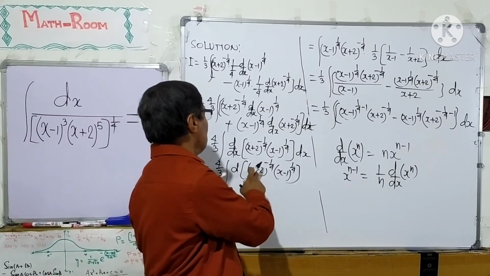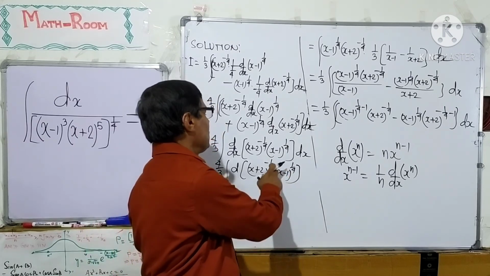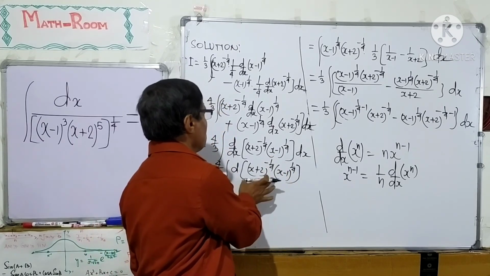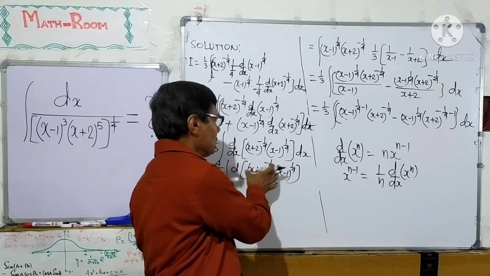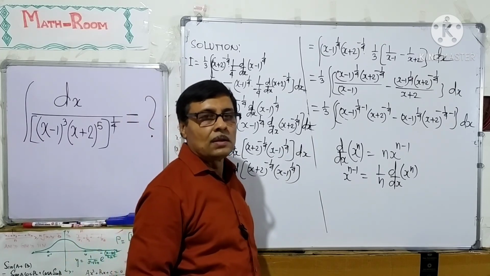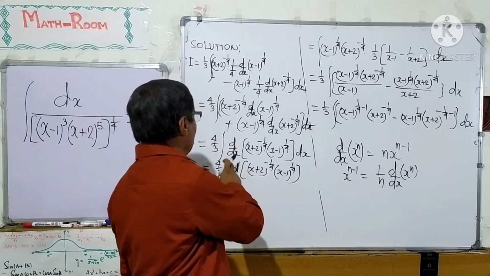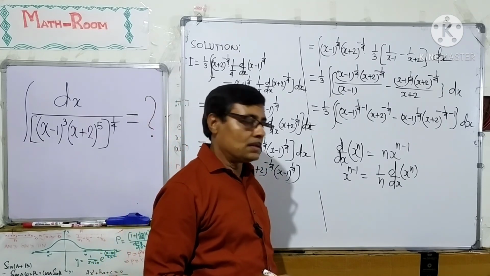This function is (x plus 2) to the power minus 1 over 4 into (x minus 1) to the power 1 over 4. So integration of differential of a function is the function itself. Integration of differential of any function is the function itself.